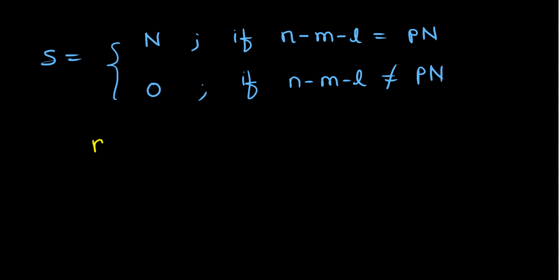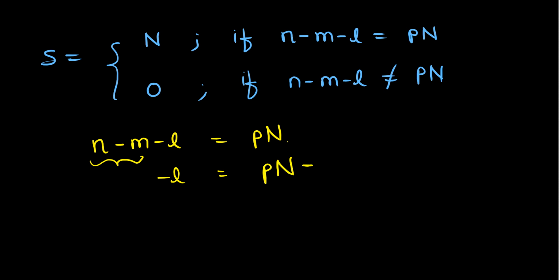So now let us consider this n minus m minus l is equal to PN, and let us shift this factor n minus m to RHS. So we have minus l is equal to PN minus n minus m.